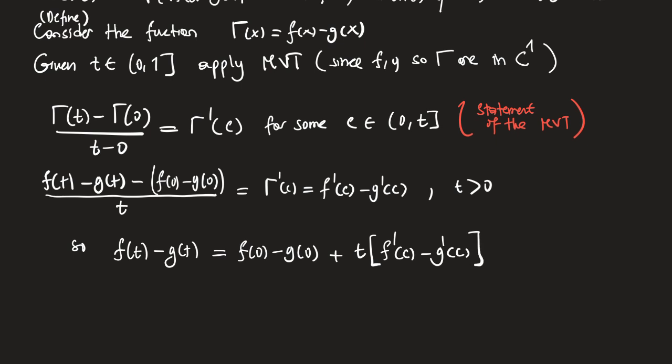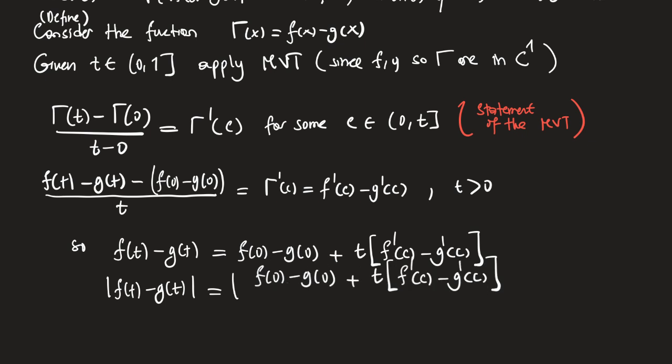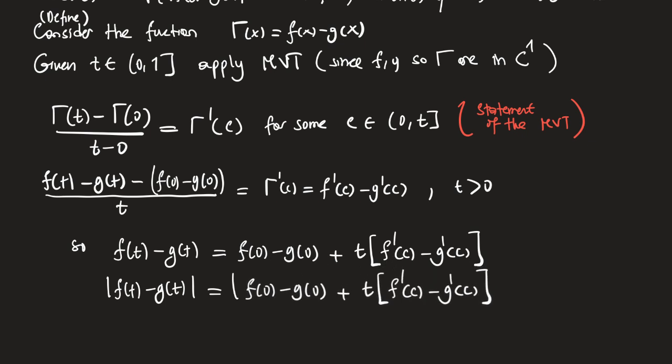If you take the absolute value of both sides, it seems a bit tedious, but I'm going to give you the whole explanation. So this is in the absolute value, so you can apply the triangle inequality in the real sense. So we have |f(0) minus g(0)|.